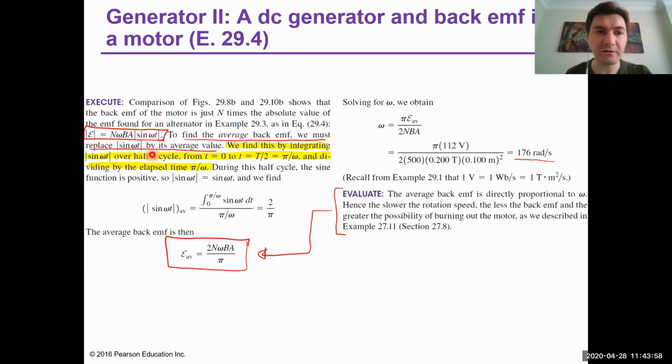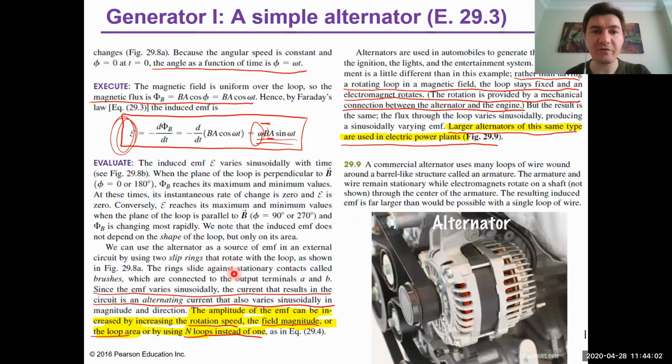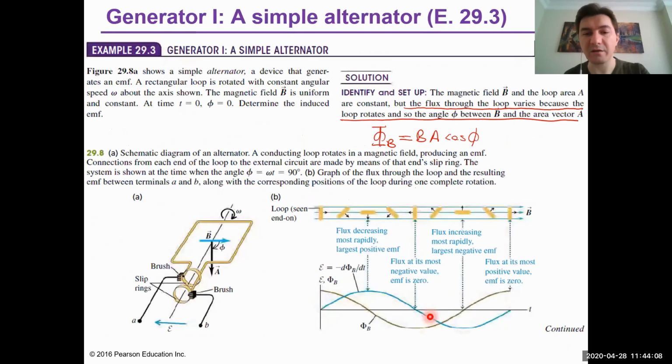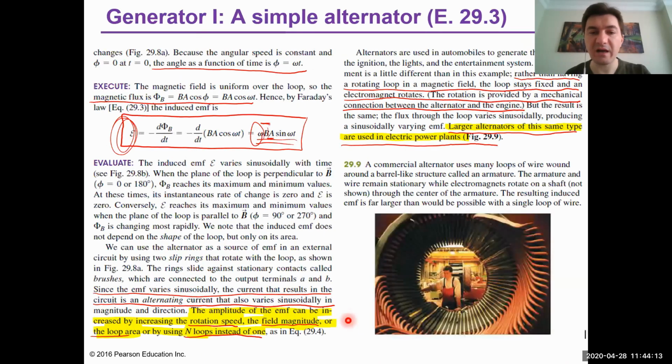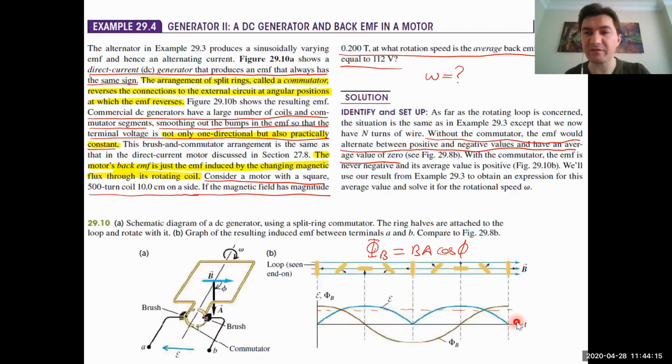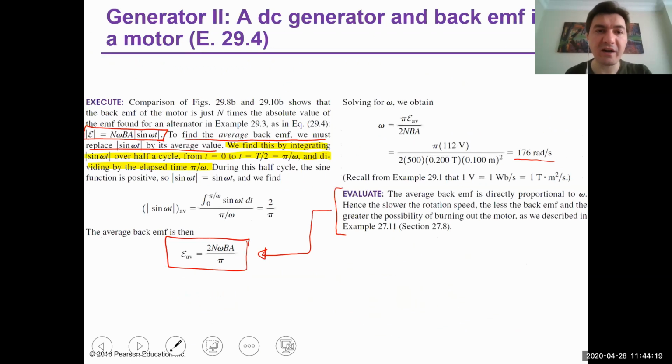But if you keep it like this, the EMF will oscillate by time, but I don't want this. Here I have only EMF on the positive side. Then what to do? To find the average back EMF, we must replace sine omega t by its average value.